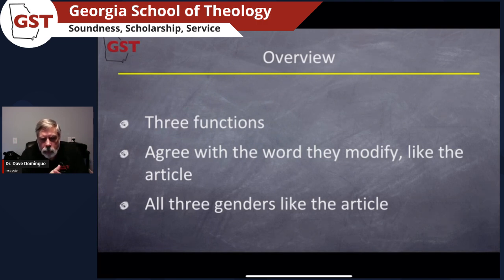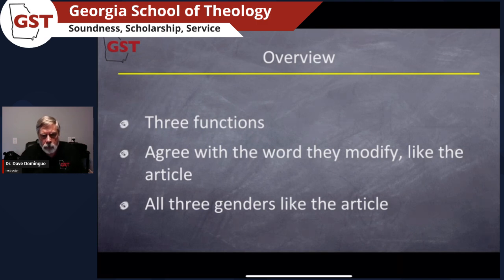It will agree with the word it's modifying, and oftentimes it helps us to quickly recognize if the word is masculine, feminine, or neuter, if the word is singular or plural, and which case it's in: nominative, genitive, dative, or accusative. And so the article will do the same thing. The article has to agree with the word it's modifying. The article would be like the good book.